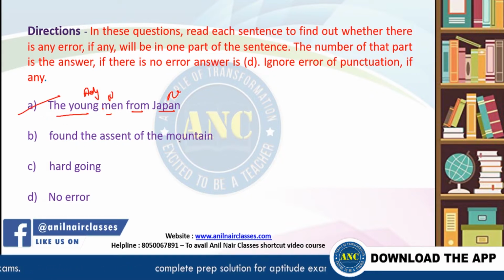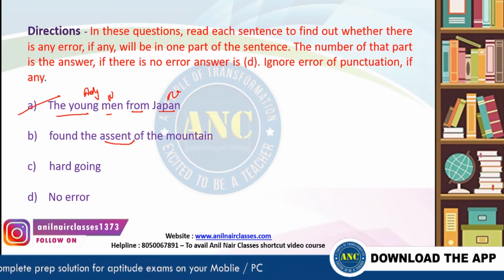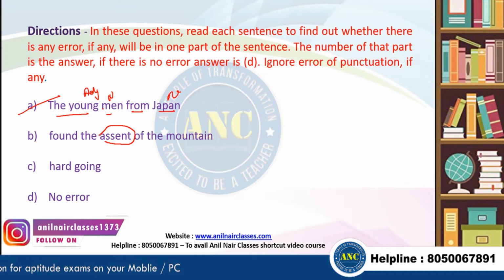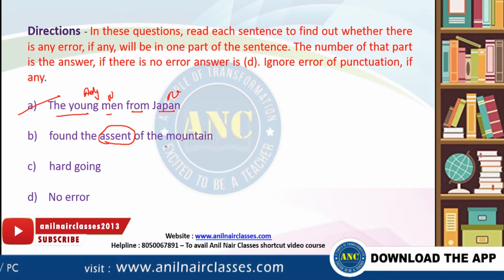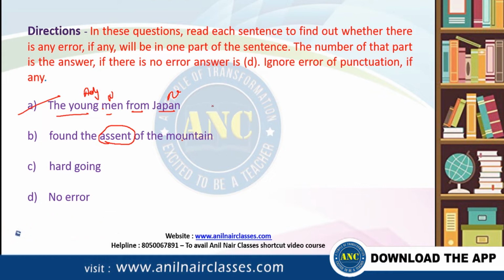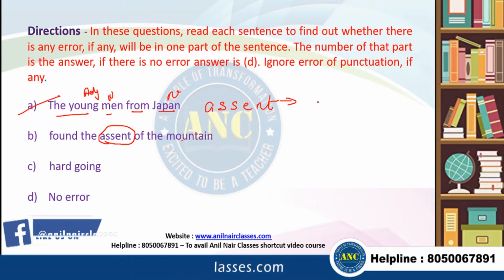Found the ascent of the mountain. Now here we are talking about a word called ASSENT, ascent of the mountain. So do you really have the assent of the mountain? The word assent, when we say, that means approval.